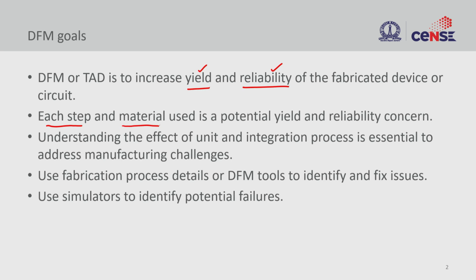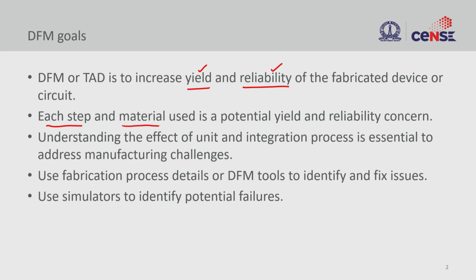Processing requires multiple steps. For example, for patterning you need optical lithography followed by, let's say, dry etching. Optical lithography involves photoresist, illumination, development, and so on. And dry etching requires exposure of your material to plasma.